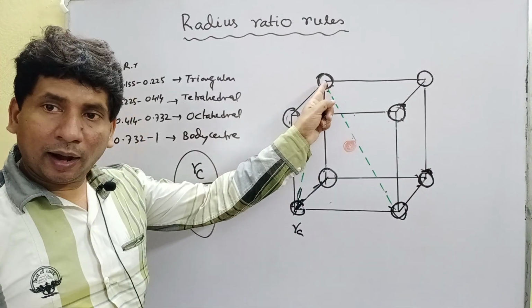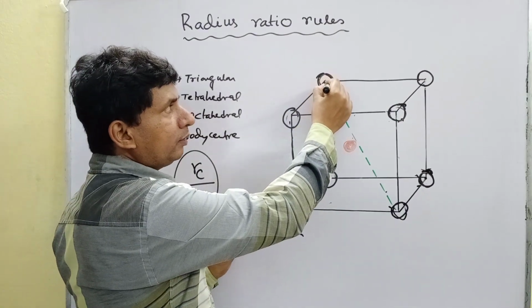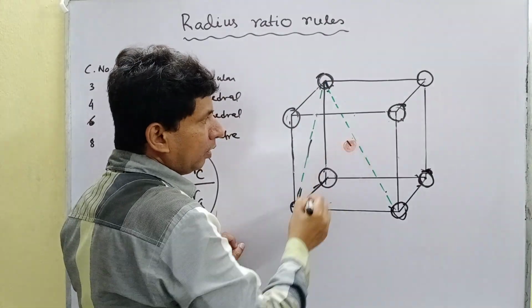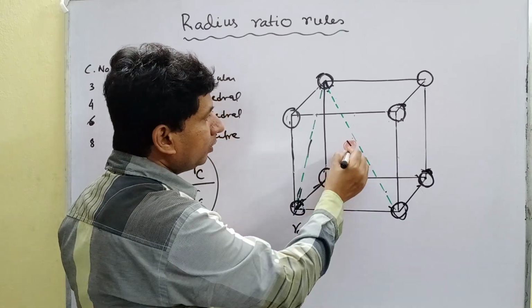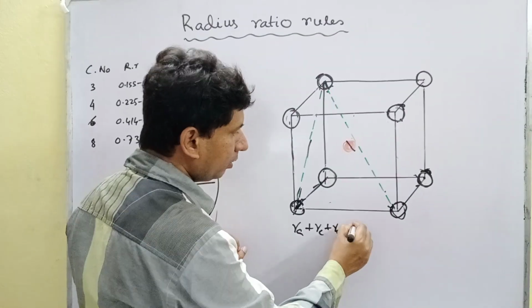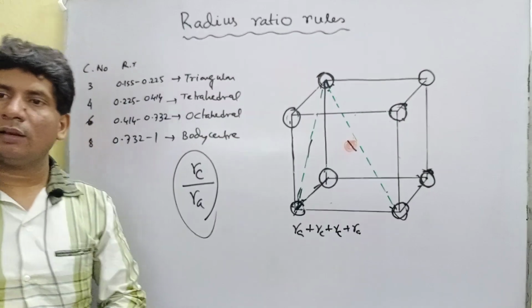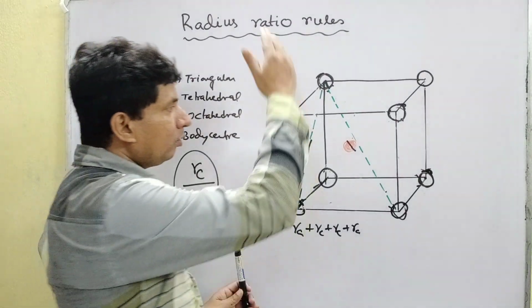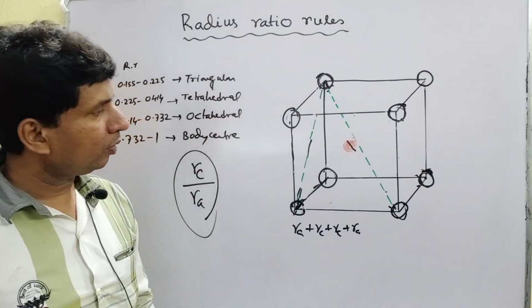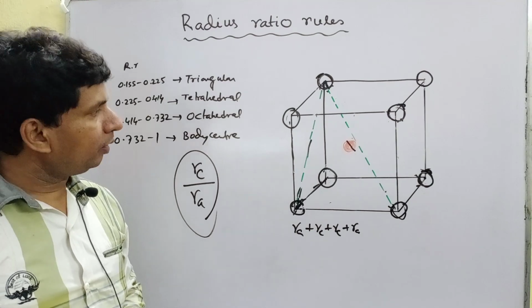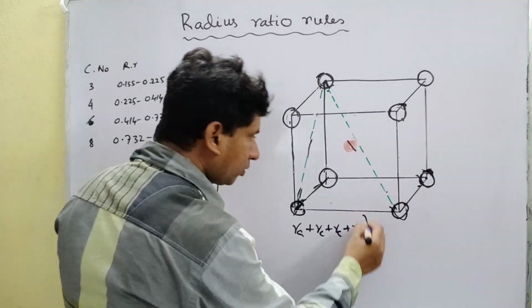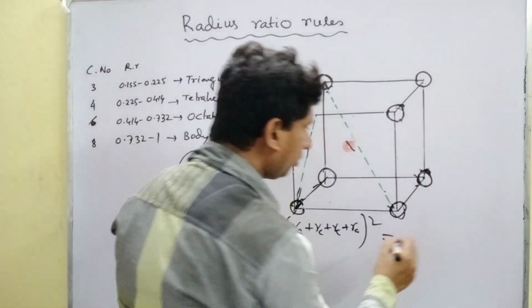If this is anion, then this is RA, this is RC, this is also RC, this is also RA. So this is actually the body diagonal. If we square this, then what happens?